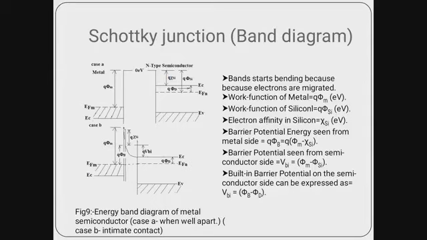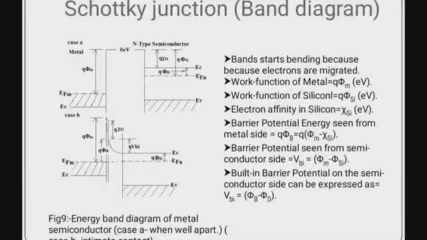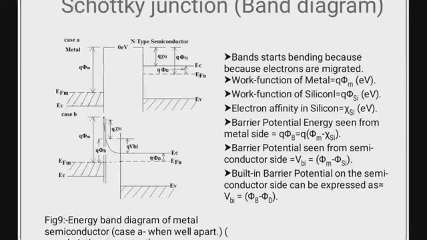Now I am describing the Schottky junction by using the energy band diagram. Here in case A, this is the metal and this one is the N-type semiconductor before contact. There are some parameters I have given over here.